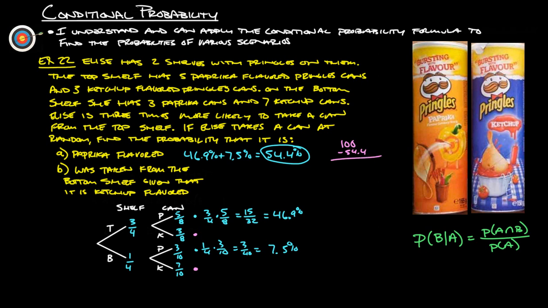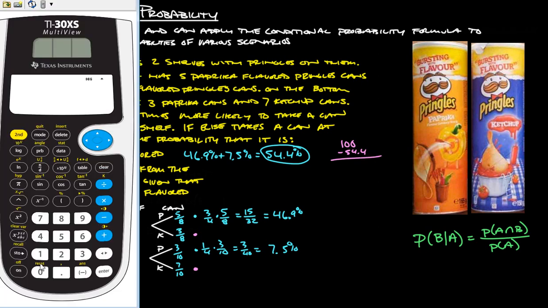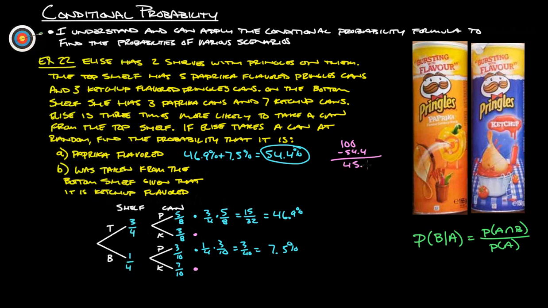So 100 minus 54.4 gives us 45.6%. So we know that there's only a 45.6% chance of taking a ketchup flavored can.